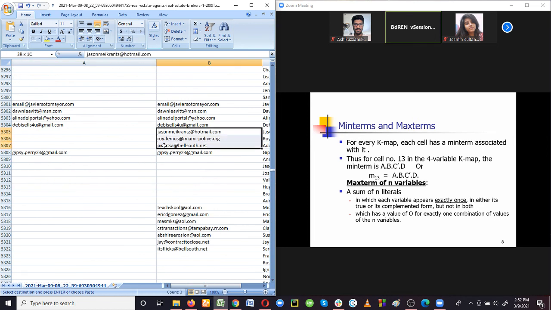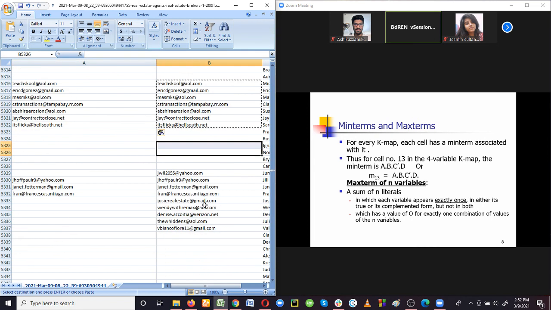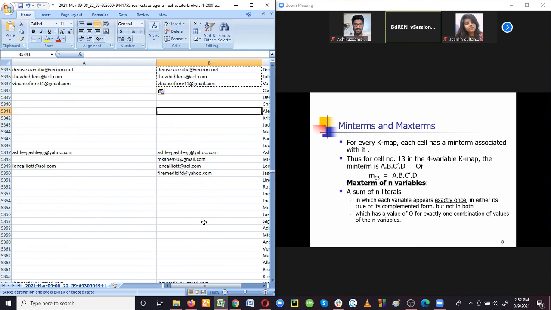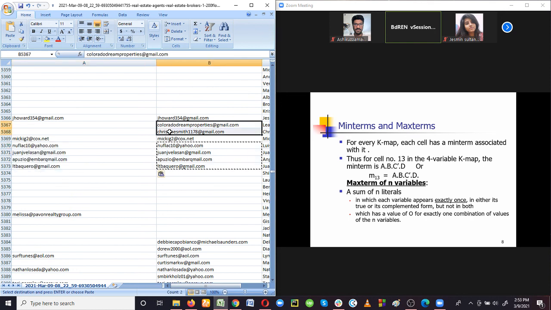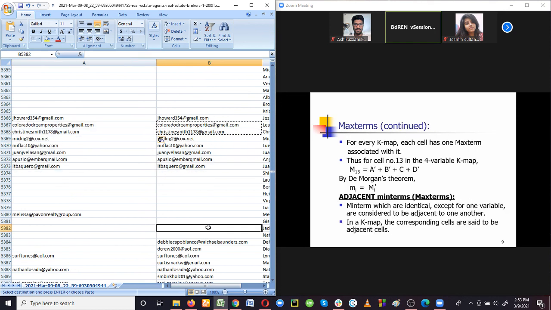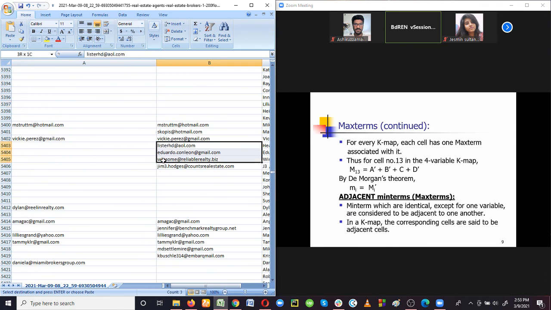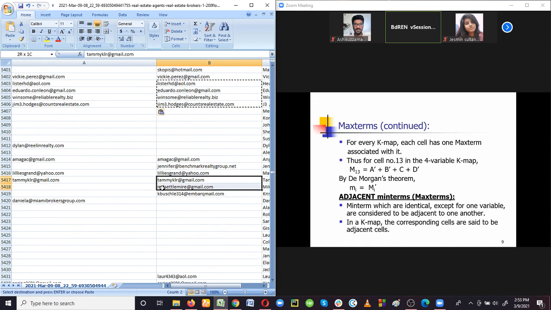A max term has a value of 0 for exactly one combination of values of the n variables. Here we are considering the value of 0. Previously for min term we were considering the value of 1. Now for every K map, each cell has one max term associated with it.